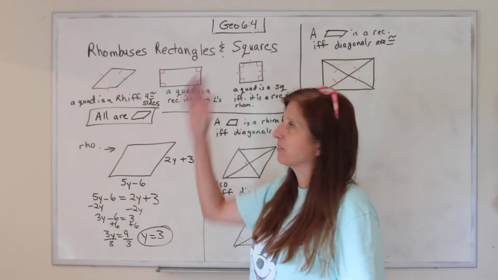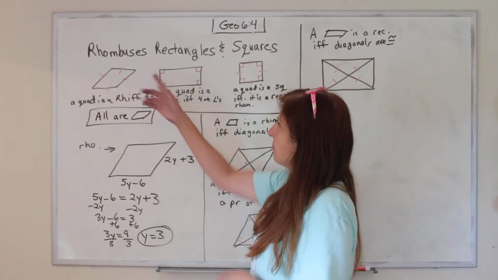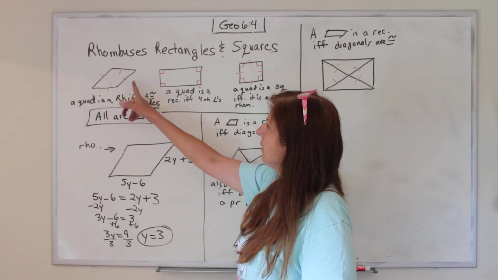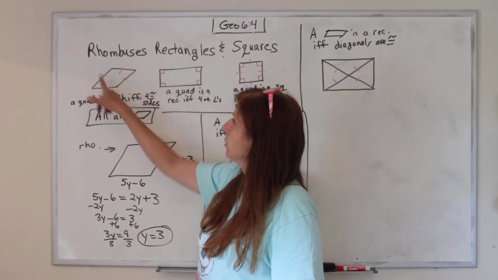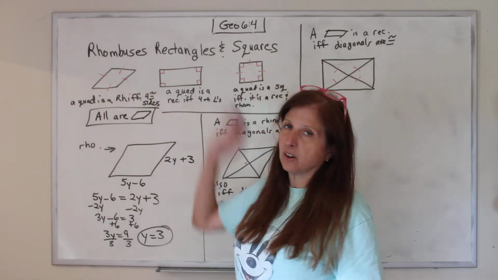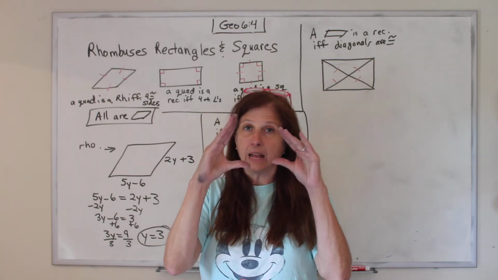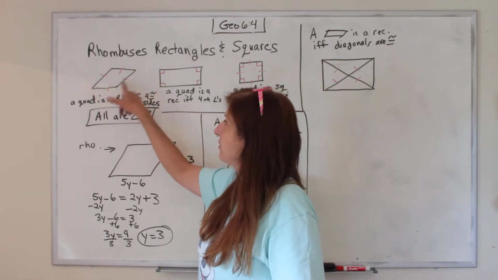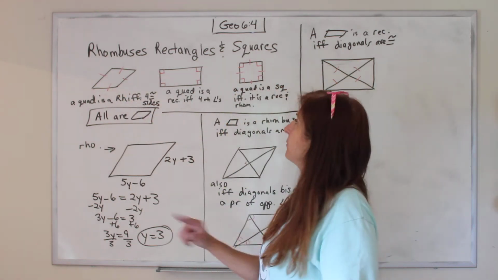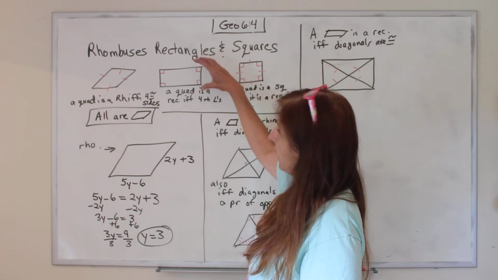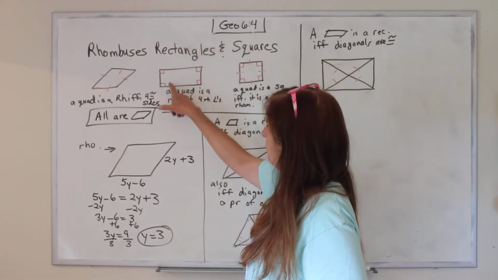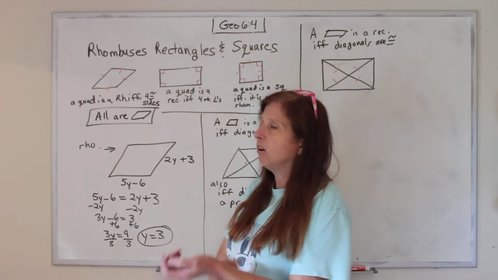Rhombuses, rectangles, and squares. Anyway, so what is a rhombus? A rhombus is a quadrilateral that has four congruent sides. That is a terrible drawing, but if you just imagine a diamond where all four sides are the same length, that's a rhombus. A rectangle is a quadrilateral where all four angles are right angles.